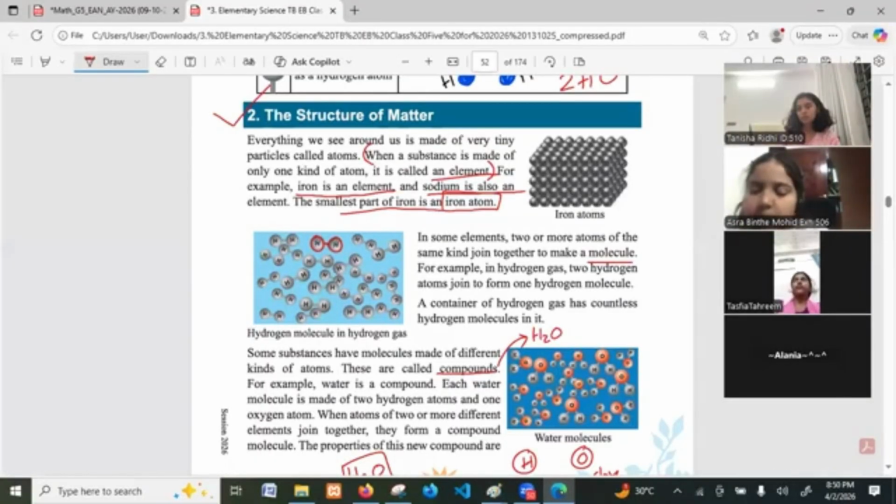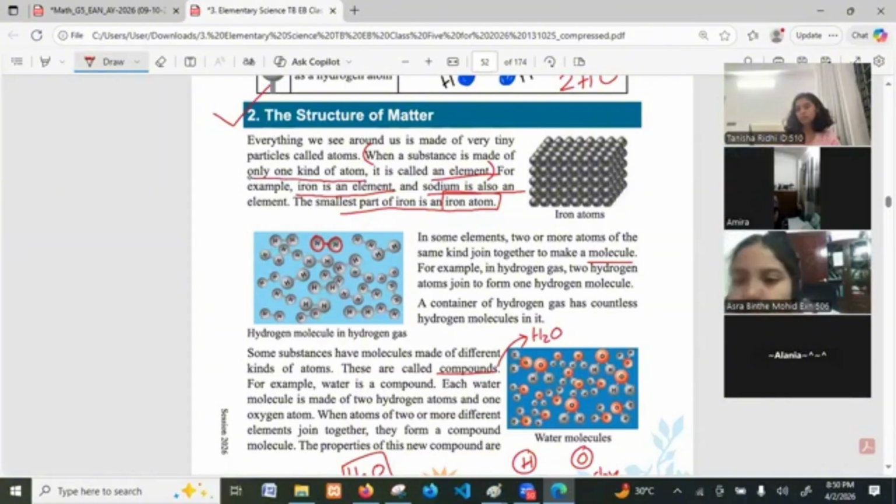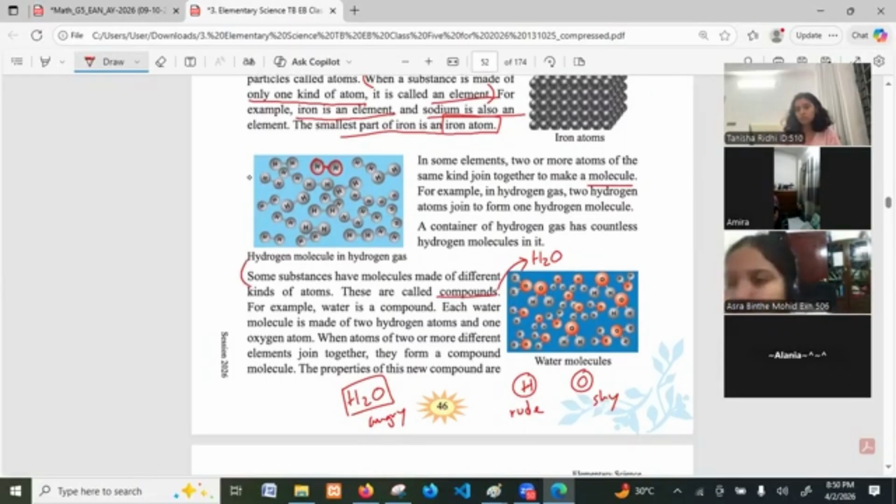So here is written that when a substance is made of only one kind of atom, then those substances are called elements. And what are compounds? Look, here it says some substances have molecules made of different kinds of atoms, like H2O. Here there is an H atom and an oxygen atom, right?